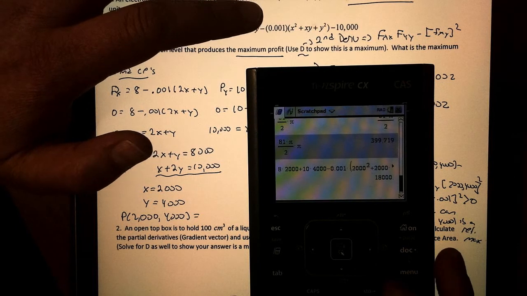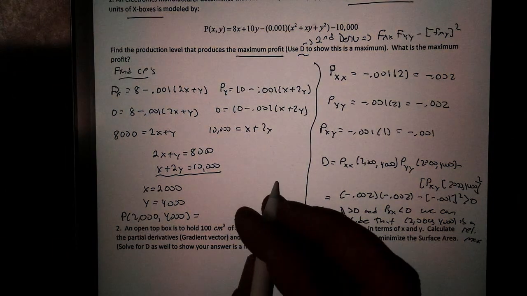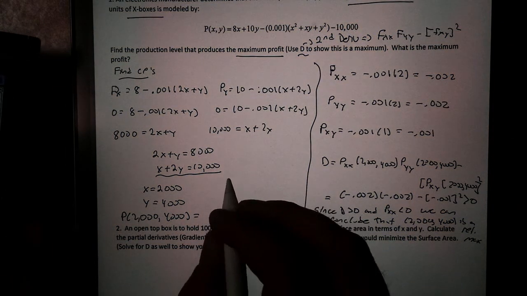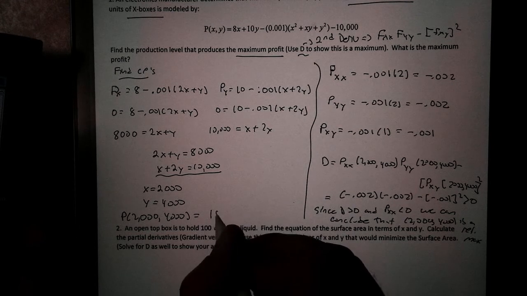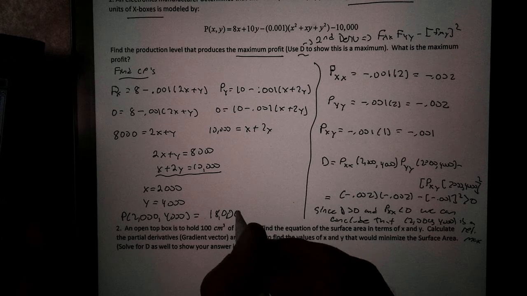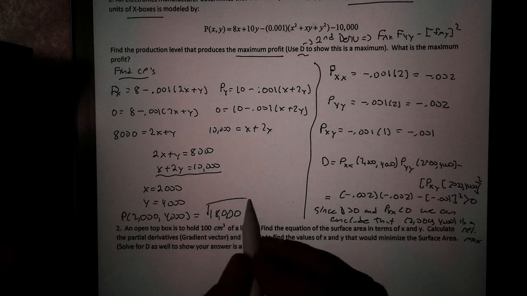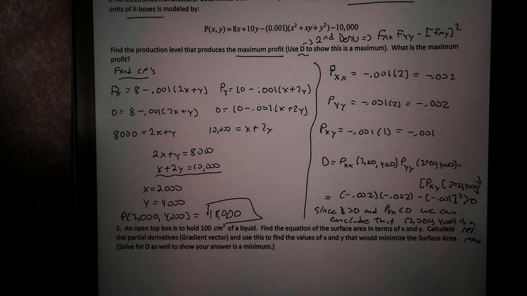Press enter, and I guess this is in dollars or whatever units they're going to be in. Whatever it is, it's 18,000. Maybe that's in millions of dollars or something. I don't know.